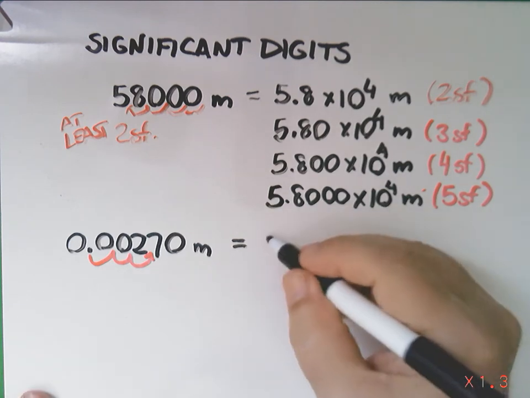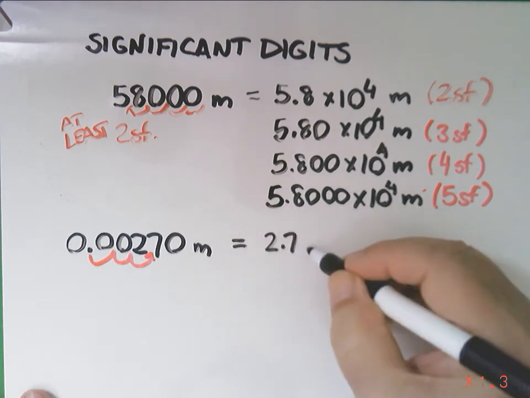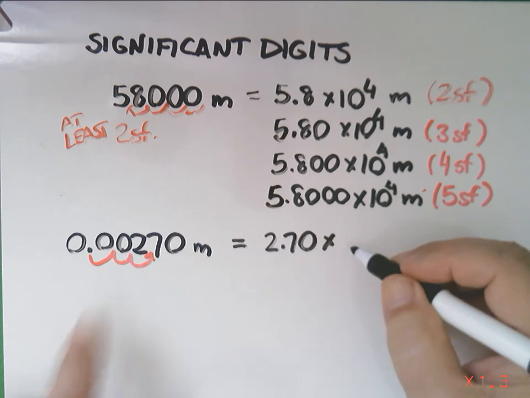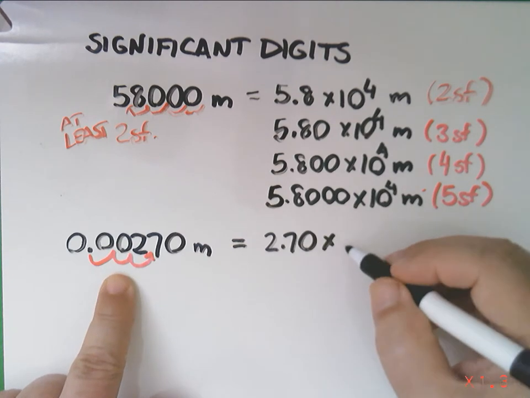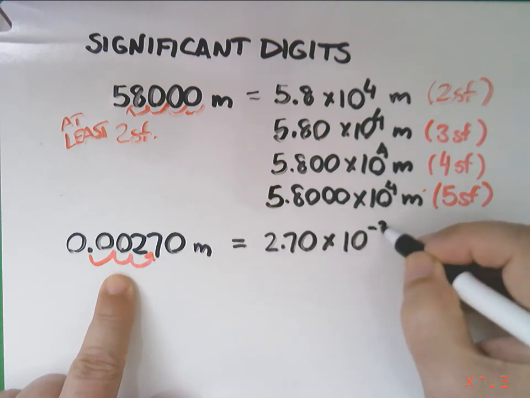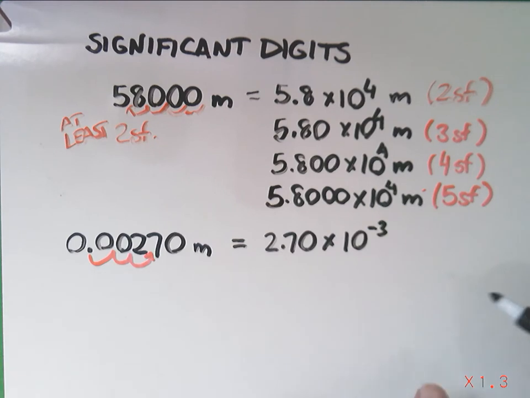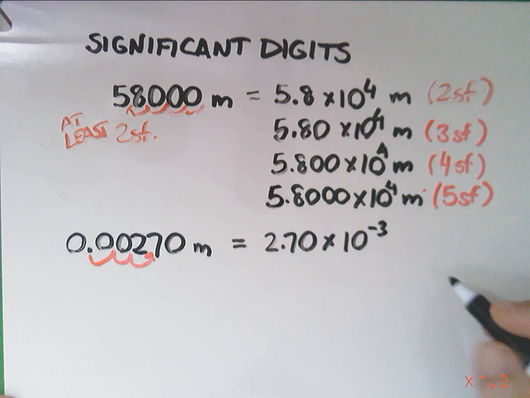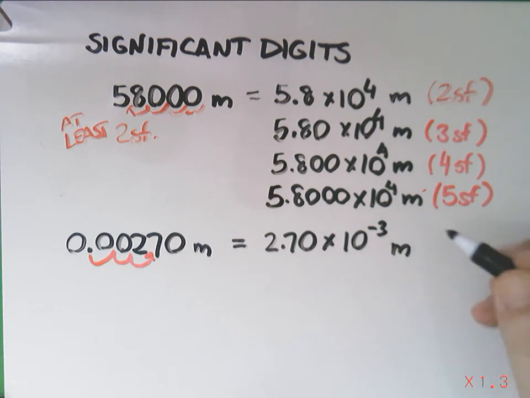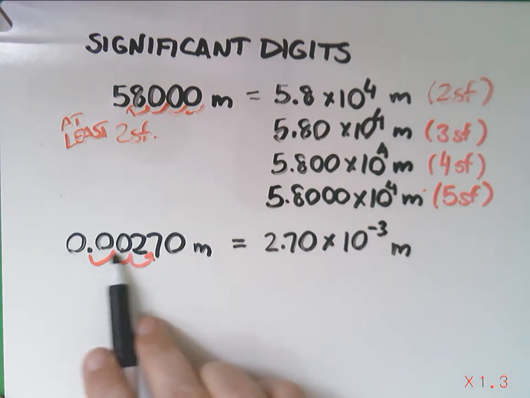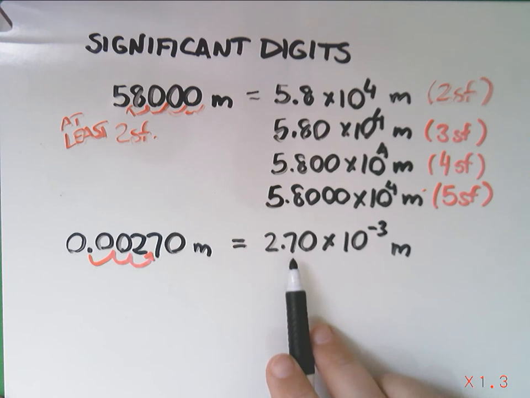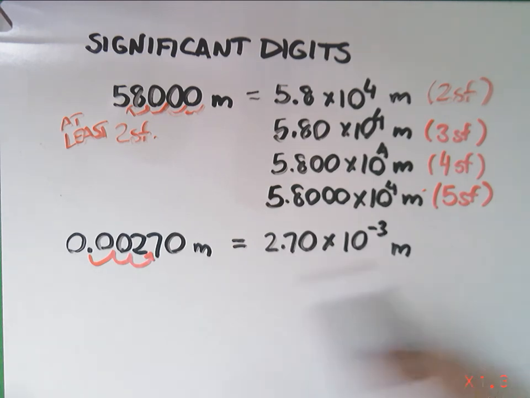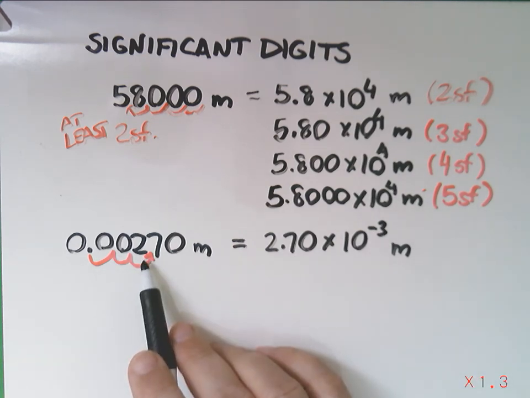So you've got 2.70 times 10 to the minus 3. There's a negative exponent because we bumped this way. There's a negative exponent because it's a number less than 1. You can think of it either way. Now, those zeros disappeared when I did that, and they weren't significant. They were only showing you the magnitude of the number.